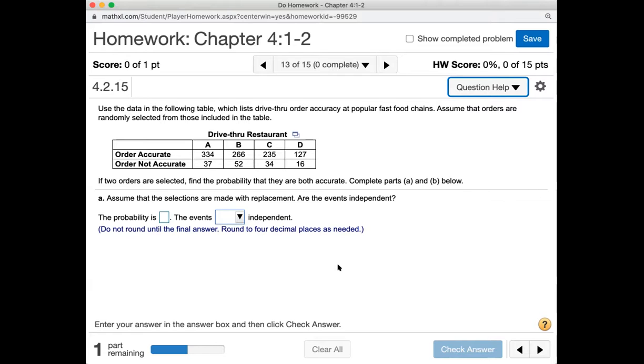Okay, so let's see. Question A: assume that the selections are made with replacement. Replacement allowed. It means that the conditional probability will not be involved in the multiplication rule. So what I mean is this.